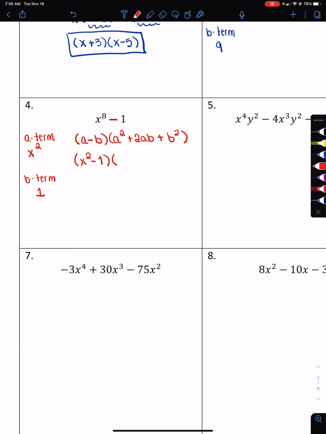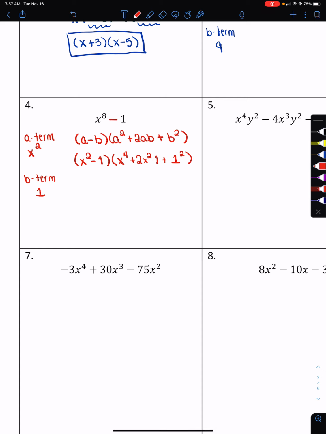So then the a term being squared, so x squared times x squared gives me x to the 4th, plus 2x squared times 1, plus 1, which is 1 squared, it's just 1.